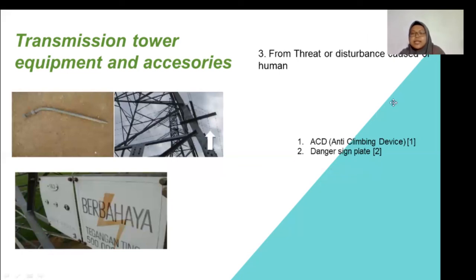Okay, the next is protection equipment from threat or disturbance caused by humans. The equipment are anti-climbing device and also danger sign plate.